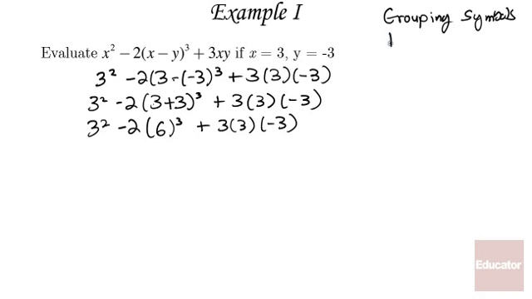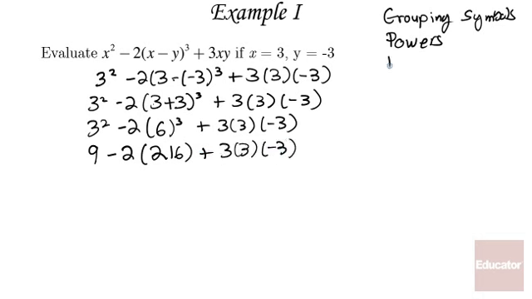The next thing to do is evaluate powers. And I do have some terms that are raised to various powers. 3 squared is 9 minus 2 times 6 cubed. So 6 times 6 is 36 times 6 is actually 216. That took care of my powers.